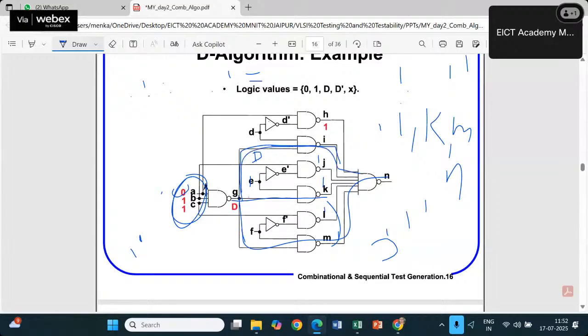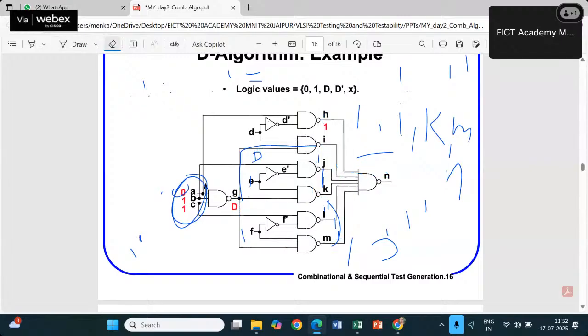When I backtraced, I found the other goals, that these intermediate inputs should be 1, 1, 1, 1, and 1. All of these must be 1. If it is not so, it means I have to change my test pattern. If I am trying to satisfy any one of these goals, it means for the other intermediate values, for example E-bar, F-bar, G-bar, I have to set those values.